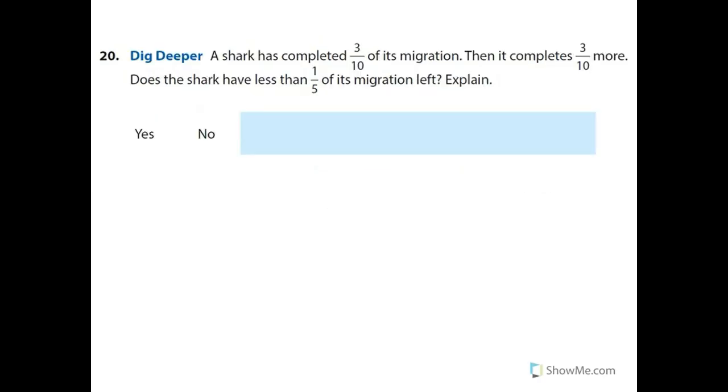Number 20 is a dig deeper. And I think this is a Jolly Rancher moment. So go ahead, read and solve number 20, then we'll go over it. A shark has completed 3/10 of its migration. Then it completes 3/10 more. Does the shark have less than 1/5 of its migration left? Explain. So we get 3/10 plus 3/10. That's going to equal 6/10.